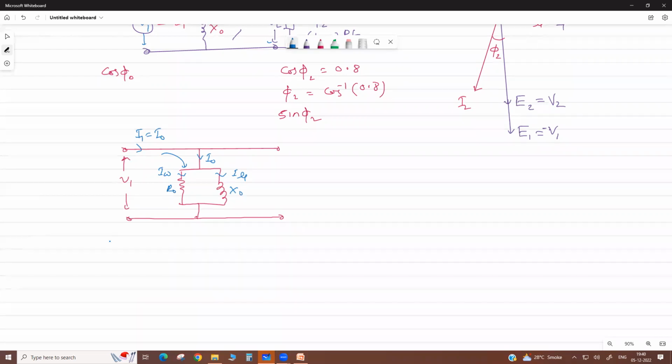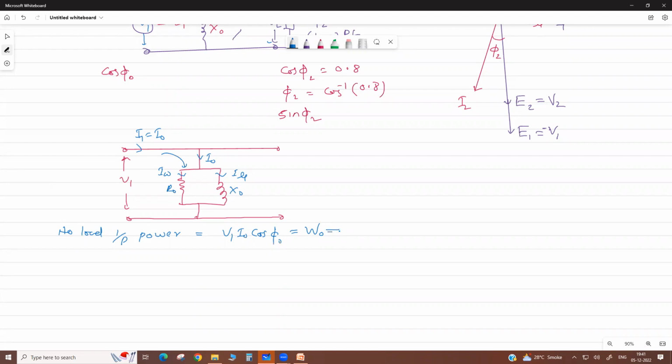So my dear, please tell me, what is the no load input power? My no load input power equals V1 I naught cos phi naught, the no load power factor. This is the power, and it is denoted as W naught.